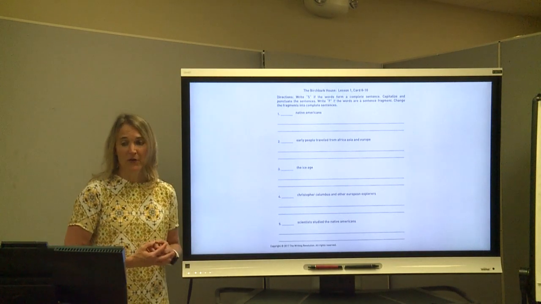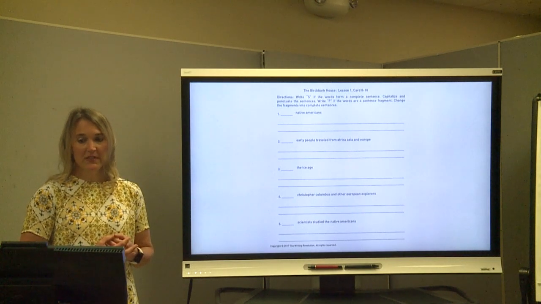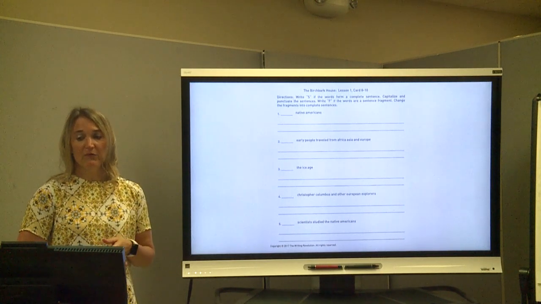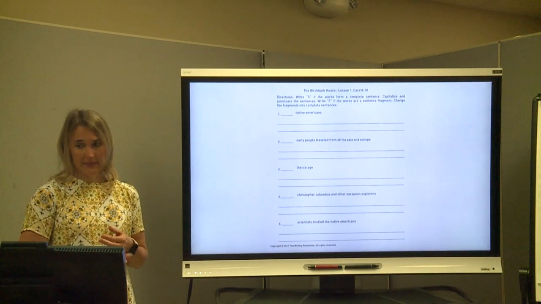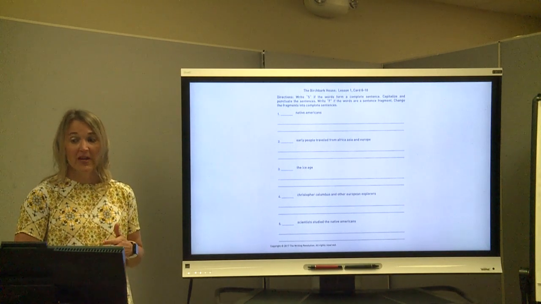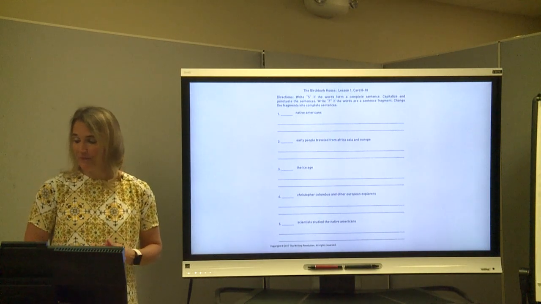Again, as another activity, we have an opportunity now to do a TWR where we see that you are to write S if the words form a complete sentence, then capitalize and punctuate the sentence, but then write F if it's a fragment and change the fragment into complete sentences.